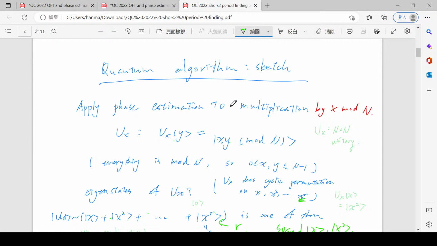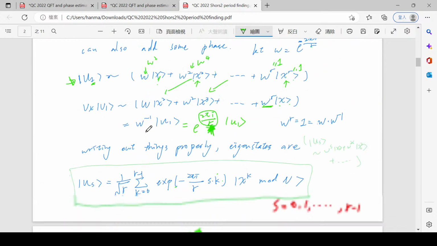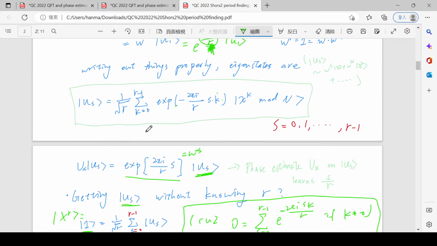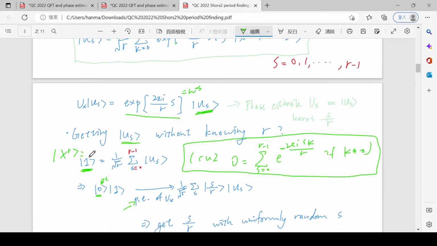And it's phase estimation on this gate, which is multiplication by x mod n. You can see these are just multiplication by x mod n written all in algebra. And we want to do phase estimation on this gate, on the state 1.